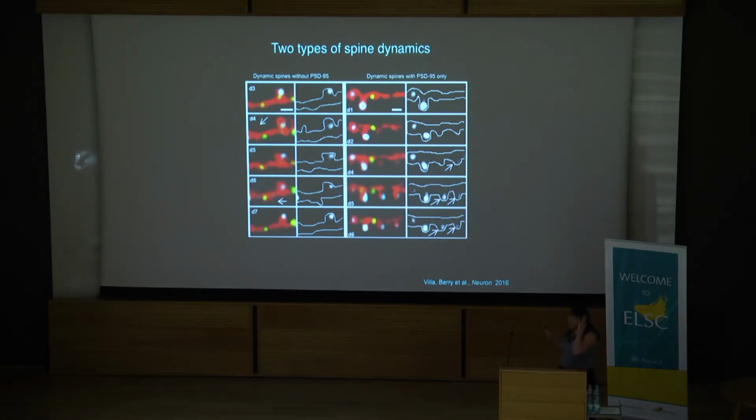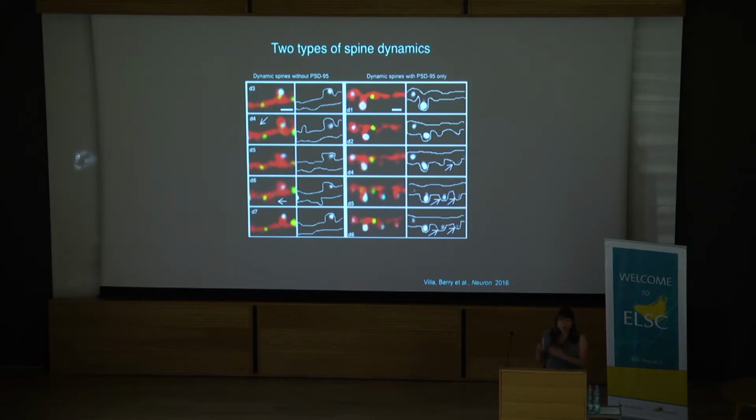So these kind of changes where you have a spine emerge, recruit PSD95, and stabilize are the kind of changes that really reflect a new connection for this neuron within the circuit. So these different dynamics are really reflecting a different kind of connectivity, where for the spines without PSD95, potentially there is a synapse there, which we can visualize by EM, but it's a transient synapse.